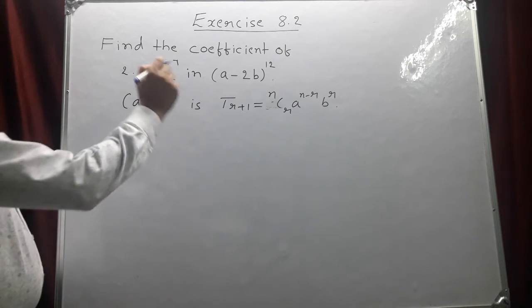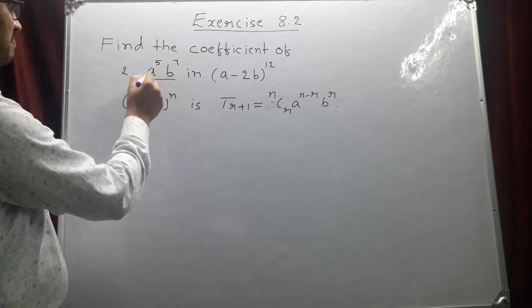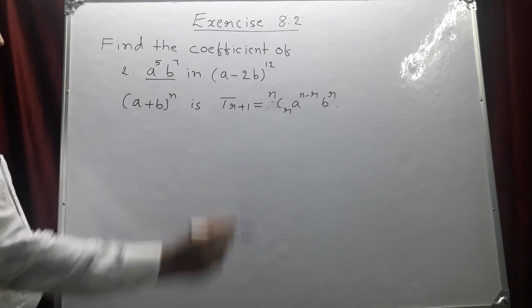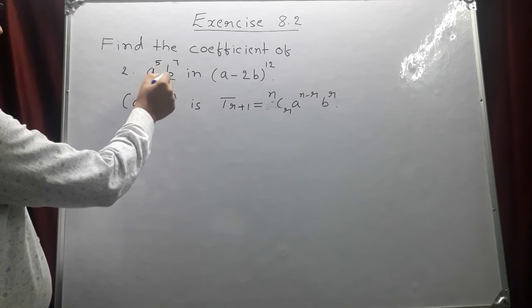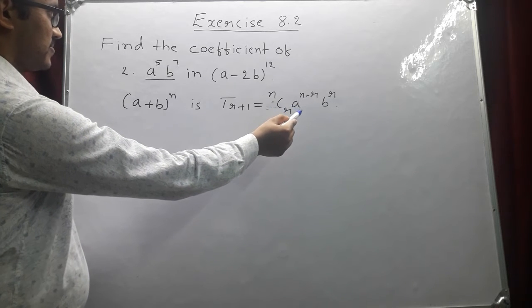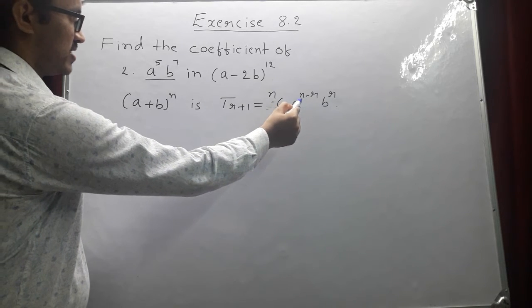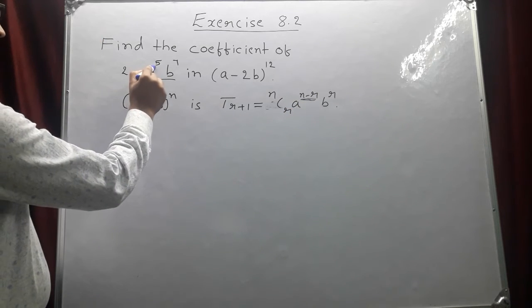So let us obtain the term with a power 5 and b power 7. If you compare here, the power of a in general is n minus r, but here we have 5.